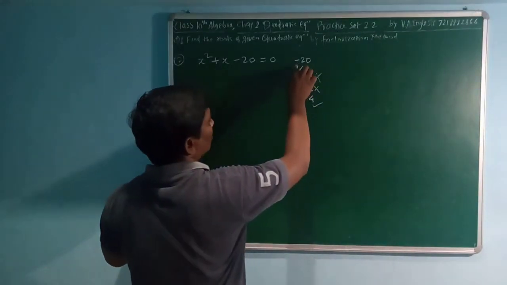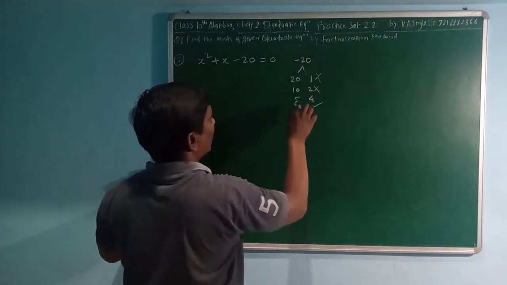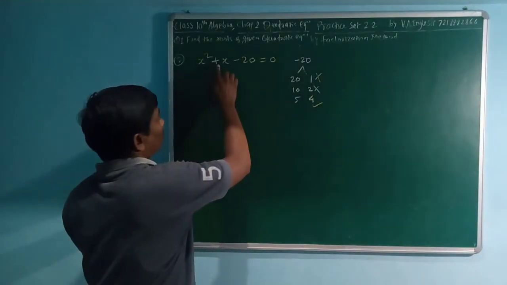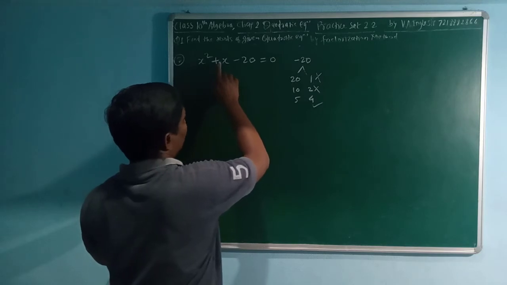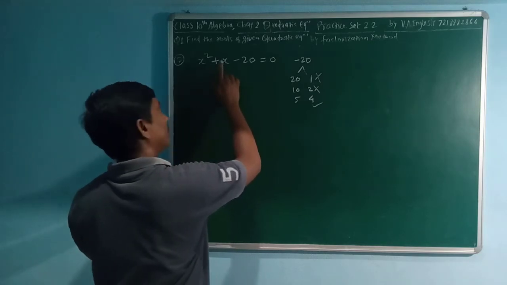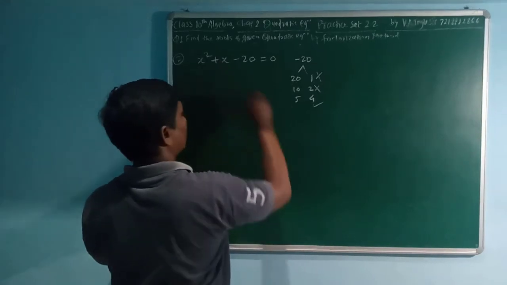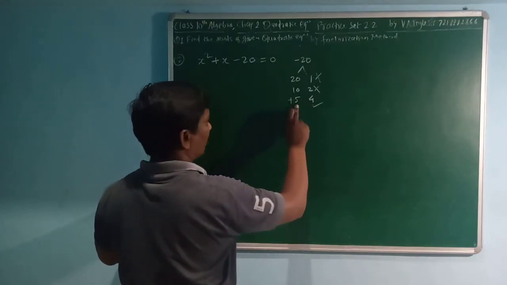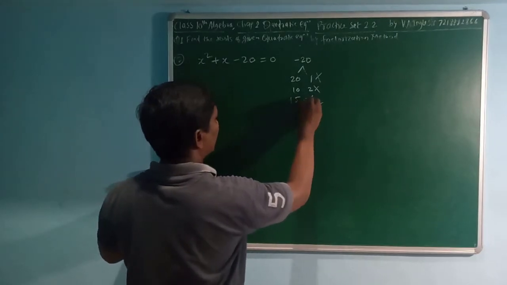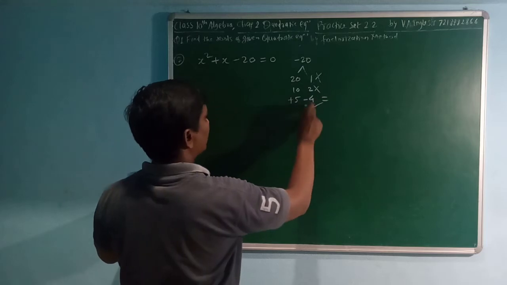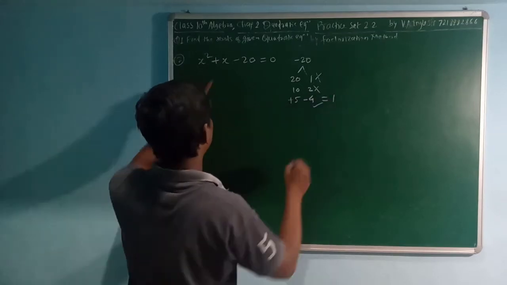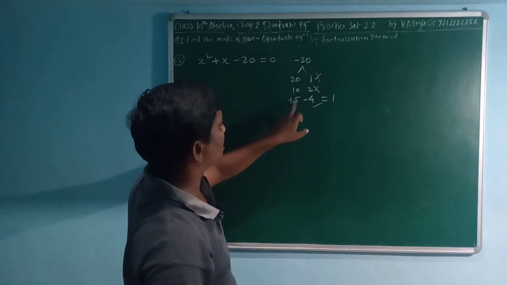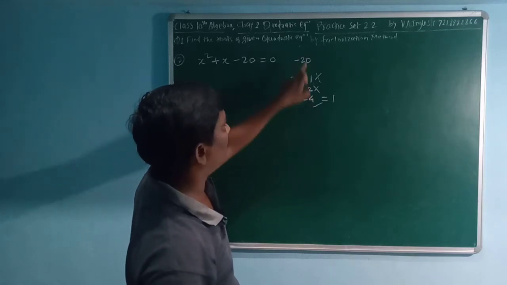You want the product negative, so one of the terms should be negatively signed, and you have to check the sign of the coefficient of x, which is plus, so you will give a plus sign to the 5 and a minus sign to the 4, so that their subtraction will give you 1, that is the coefficient of x. And their product will be plus into minus, minus 5 into 4, 20.